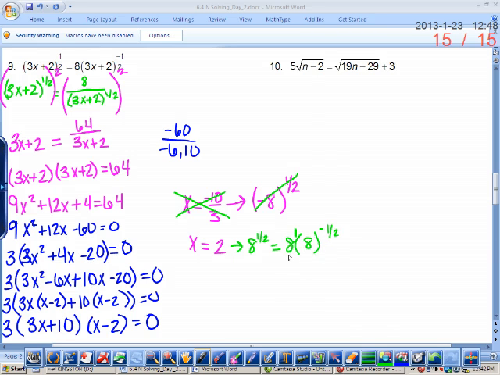Well, what power is right here? It's 1. So what can I do with my 1 and my negative 1/2? Add them. So you get 8 to the 1/2. What's 1 minus 1/2? 8 to the 1/2. They work. So 2 is your only solution here.